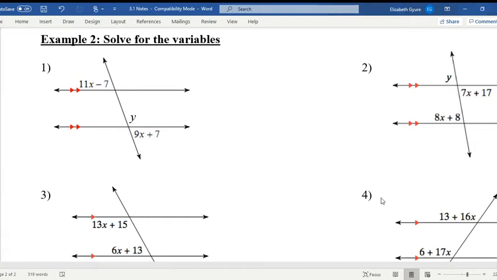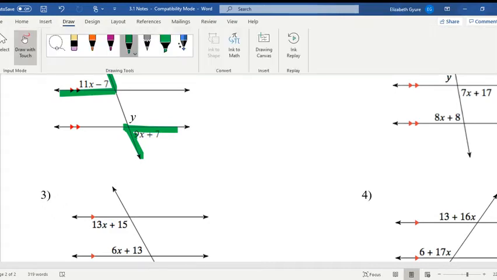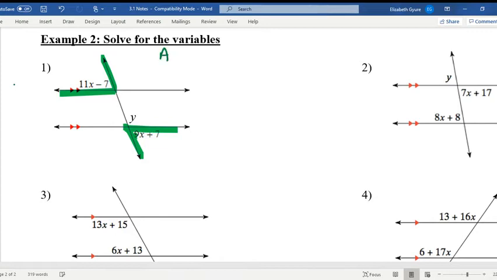That means our angles are either going to be congruent or supplementary. Next, we have to decide which angle relationship is going to happen. I would say keep like terms together, so x's with x's, y's with y's. Here I have an x term in this corner and an x term in this corner. If you need to, you can flip to the front. What angle relationship would this be? These are alternate exterior angles. Good.